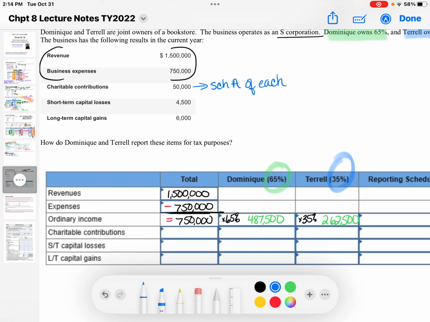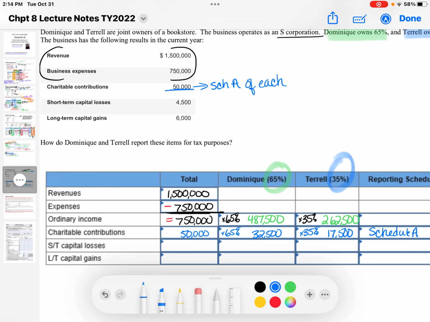So depending on whether or not they even itemize will determine if they even get this deduction. So $50,000 and 65% is Dominique, and his is a total of $32,500, and Terrell's would be $17,500, and that's the Schedule A.